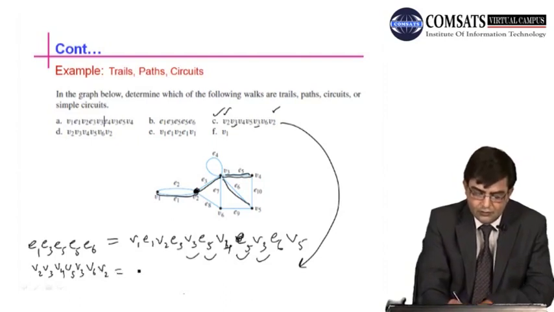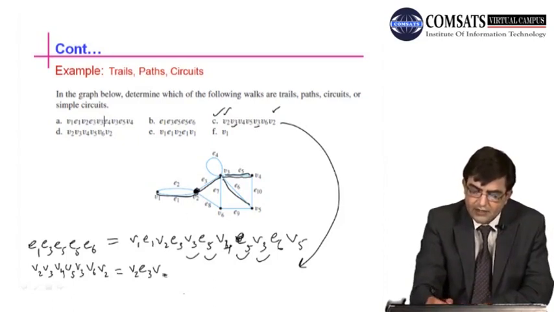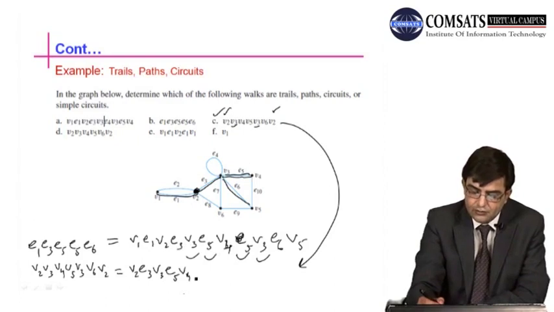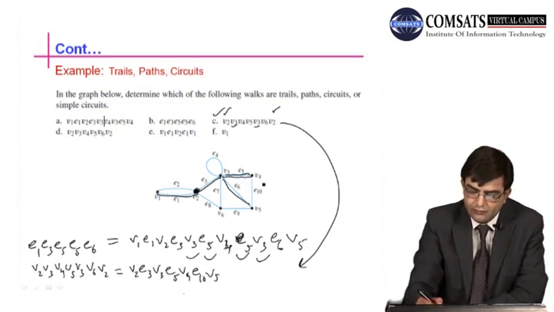This can be written as V2, and we go to V3, and in the middle we write E3, V3, and then we go to V4, and from V3 to V4 we have E5, so we write here V4, and then from V4 to V5 we have E10 between V4 and V5, so we write here E10 and then V5, and from V5 we go to V3, and there is E6, so we write here E6 and then V3, and then from V3 we go to V6, here we have E7, V6, and then from V6 we go to V2 again, and in this we have E8 and V2.